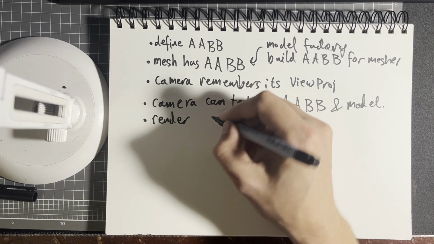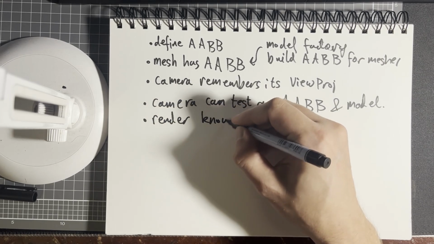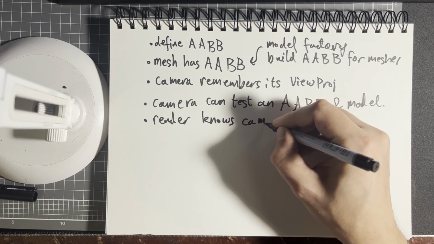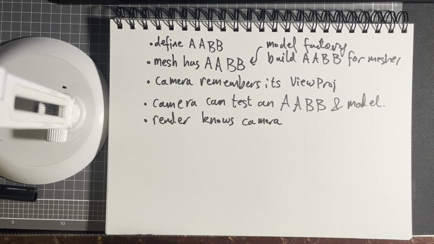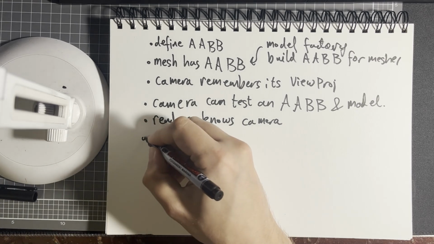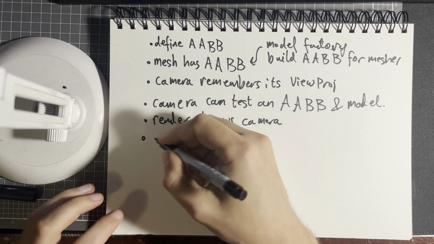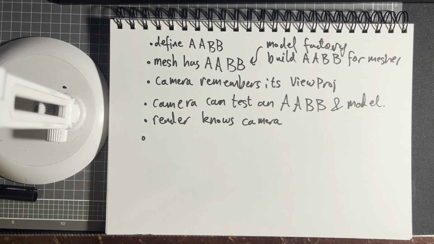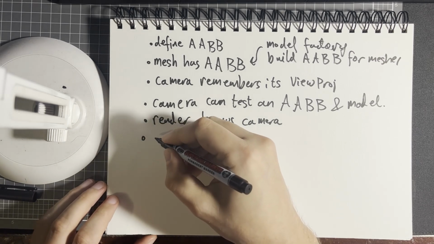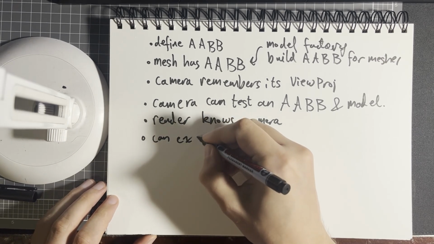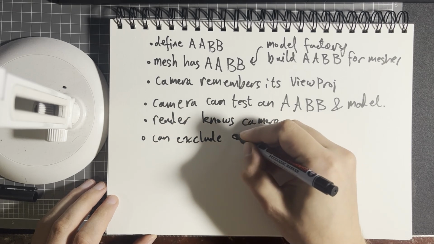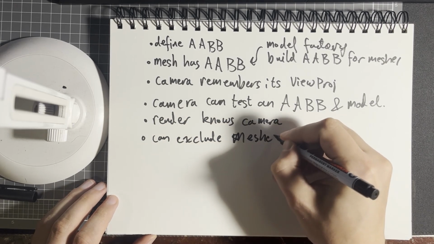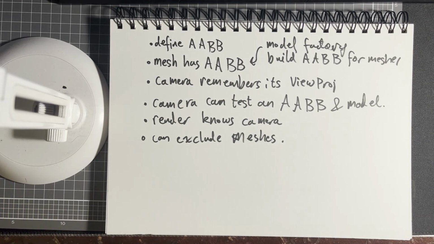So I'll say render knows camera. I know some of these steps are a little silly, but I like to have a bunch of things I can just tick off. Get the feeling of progress, you know what I mean? Then the render system will be able to query the camera and exclude meshes. So we'll say can exclude meshes. Okay, cool. So that's the roadmap. Let's get into it.